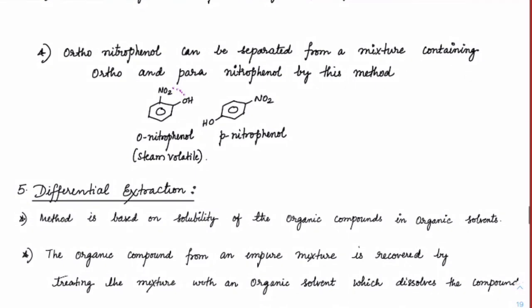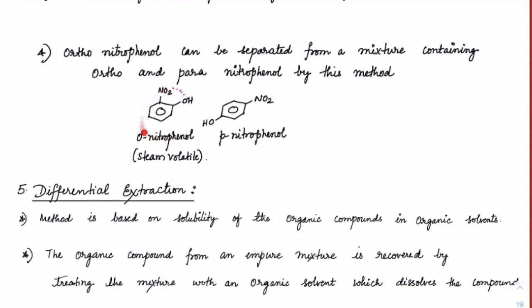The best examples that are normally used are orthonitrophenol and p-nitrophenol. Got it? If you have a mixture of these two to be separated, p-nitrophenol is relatively more miscible in water. Orthonitrophenol is less miscible in water. So what we'll do is pass this mixture through steam.